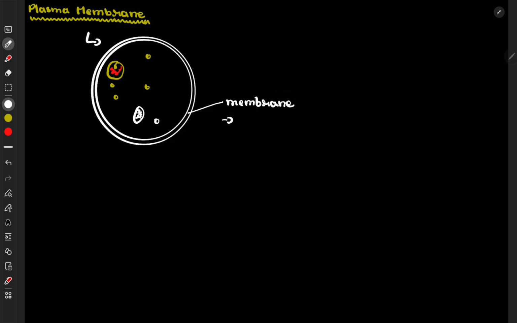This membrane is called the plasma membrane.